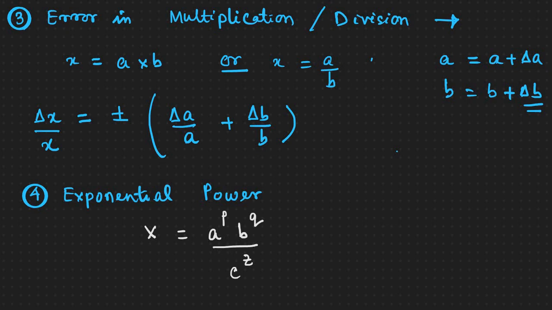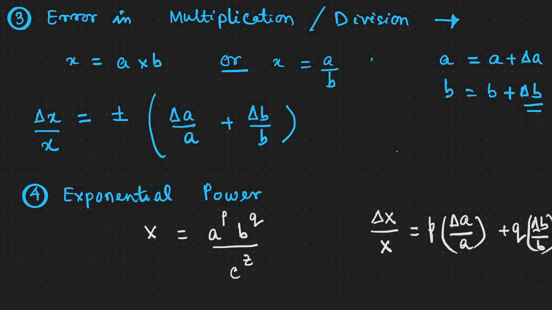Now when we calculate the error, we simply take del x by x, which would be the power we have raised of a, that is p times del a by a, similarly plus q times del b by b, similarly the power of c is z, so it would be z times del c by c.